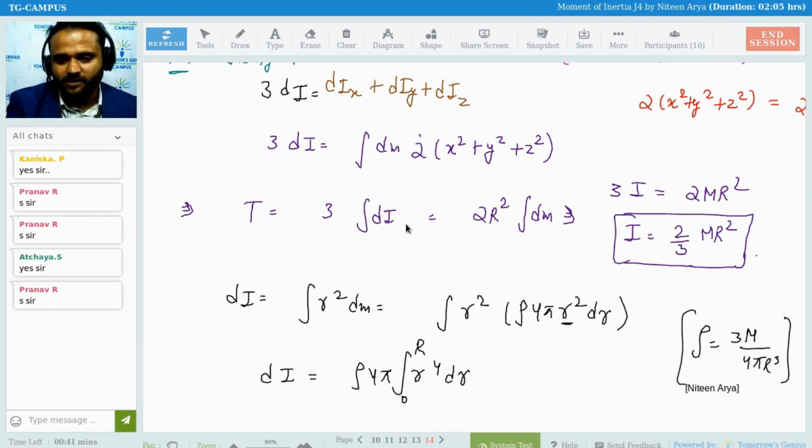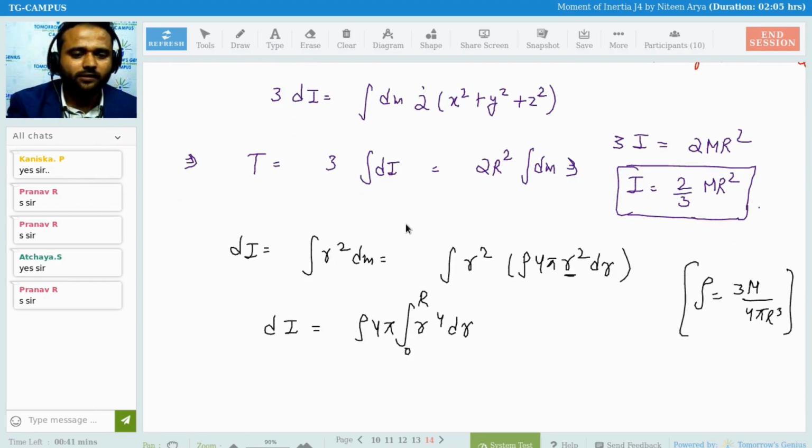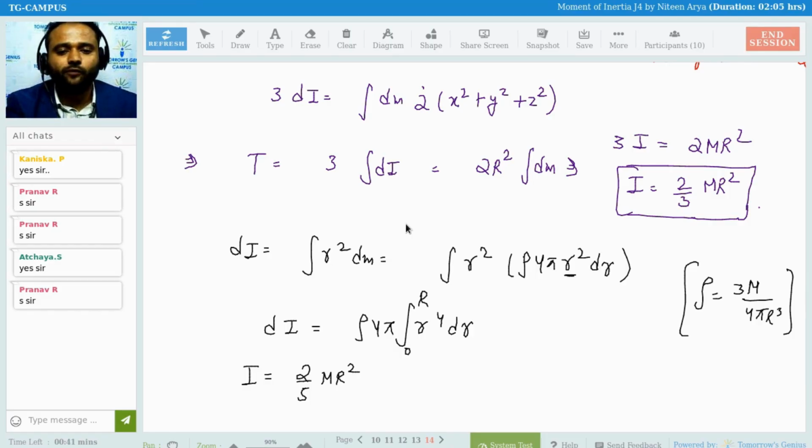When you put this in, automatically you get, I just give you a small hint, 2 by 5 m r square. The r to the power 5 comes from here, so obviously in the denominator we are going to find 1 by 5 also. Clear?